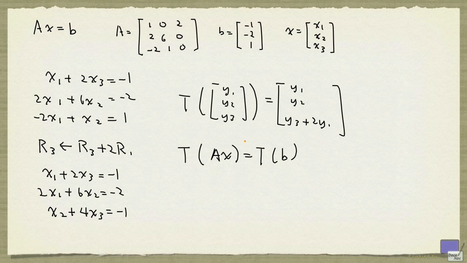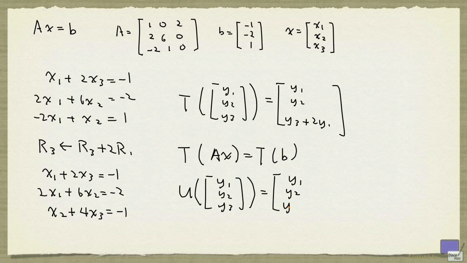We can undo this operation by adding minus 2 times row 1 to row 3. And the linear transformation that does that is given by U, defined as follows. So U takes input y1, y2, y3 and outputs y1, y2, and y3 minus 2 times y1.